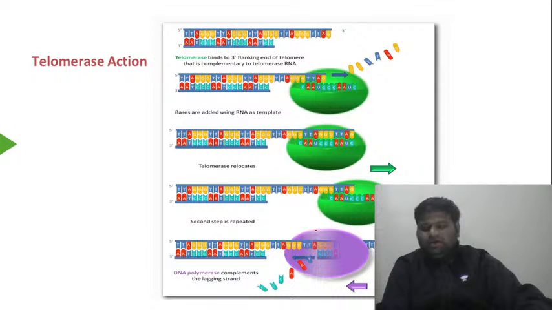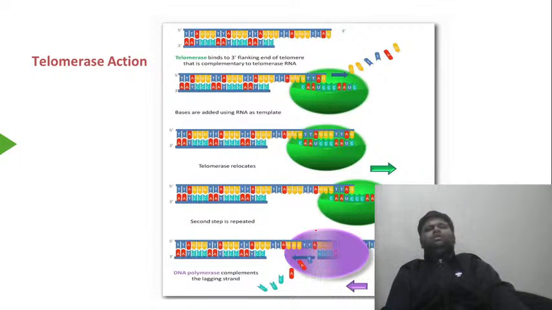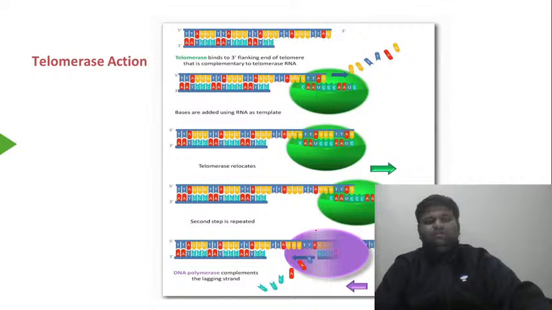Telomerase adds the RNA at the end of the DNA molecule which is synthesized. It binds to the 3 prime flanking end of the telomere that is complementary to the telomerase RNA.